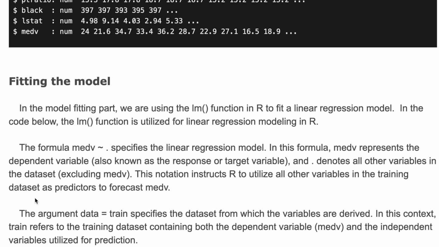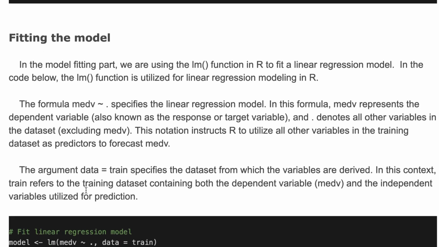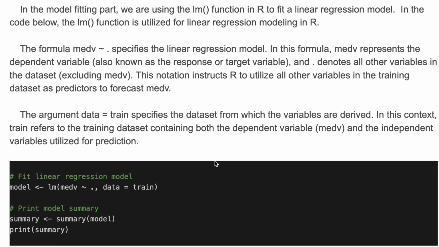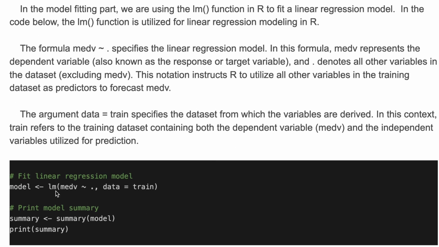In the model fitting part, we are using the lm function in R to fit a linear regression model. In the code below, the lm function is utilized for linear regression modeling. The formula medv tilde dot specifies the linear regression model. In this formula, medv represents the dependent variable, also known as the response or target variable, and the dot denotes all other variables in the dataset, excluding medv.